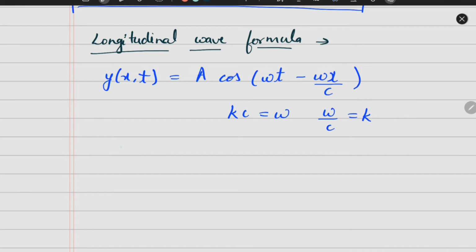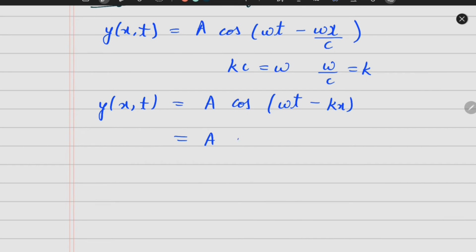So it will become y(x,t) is equal to A, it may be a cos function, it may be a sine function, so this is (omega t minus kx), or we can write also A cos omega, taking omega common, (t minus x upon c).